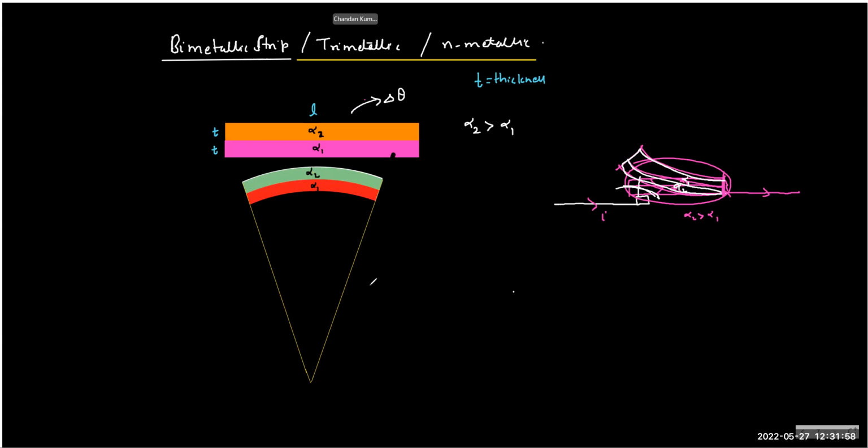Okay, so what we call is the radius of curvature. It will bend and it will have some radius. We take the mean radius, the radius from the interface, not from the other place.